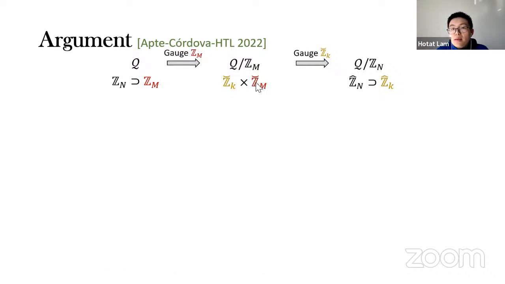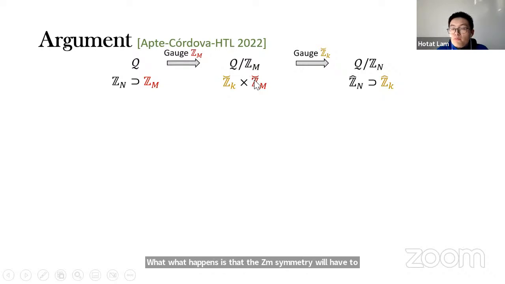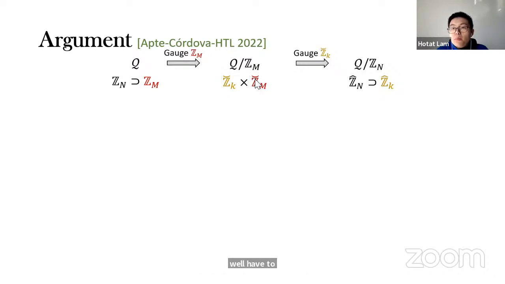So I can gauge the Zk symmetry. What happens is that the Zm symmetry will have to sort of break. The more precise statement is that after gauging the Zk symmetry, the Zm symmetry will combine with the dual Zk symmetry into a Zn symmetry.